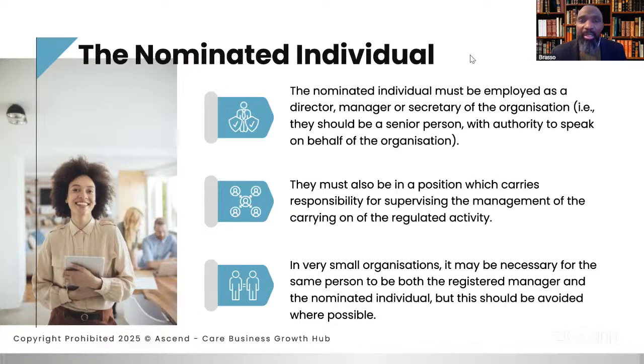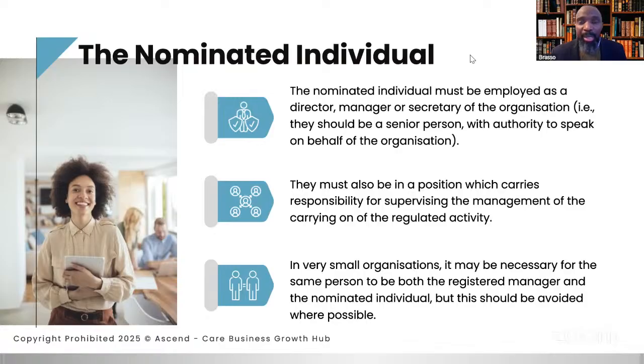And number three, CQC are saying in a very small organizations, it may be necessary for the same person to be both the registered manager and the nominated individual. And then at the end, they give us a caution. They're saying, but this should be avoided. Simply means that CQC recognizes that you do have small businesses.